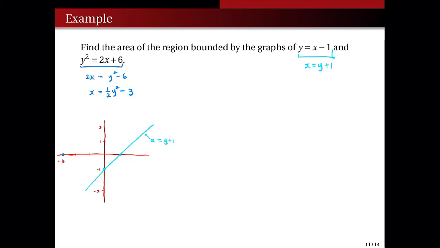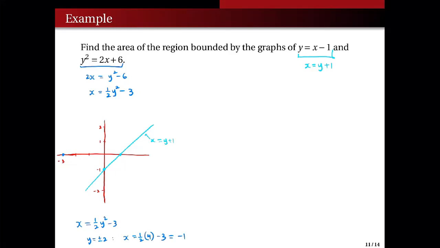So you have x equals 1 half y squared minus 3. When y equals plus or minus 2, we have x equals 1 half times 4 minus 3. This is equal to -1. So x will be equal to -1.